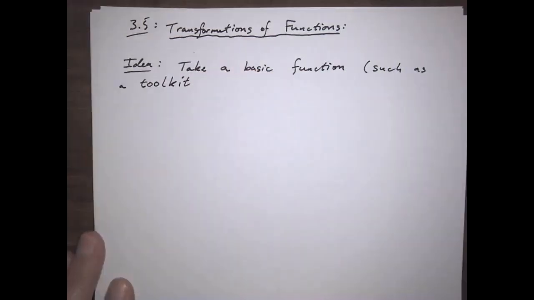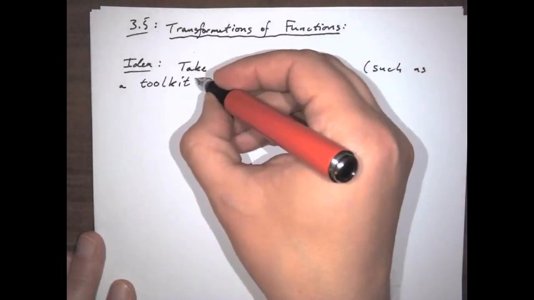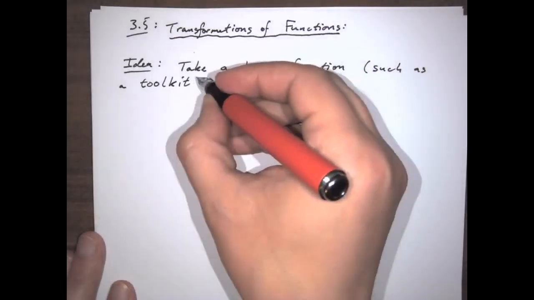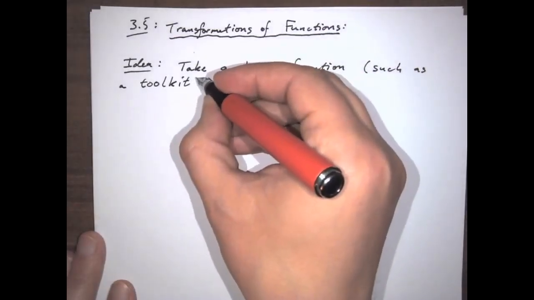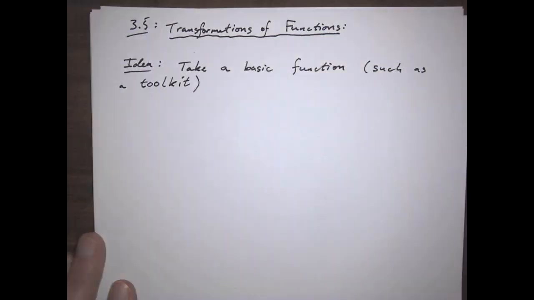That's a list of functions whose graphs we know the appearance of. It includes the identity function, a constant function, the reciprocal function, square, square root, cube, cube root, things like that.